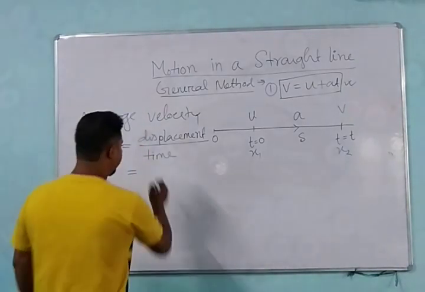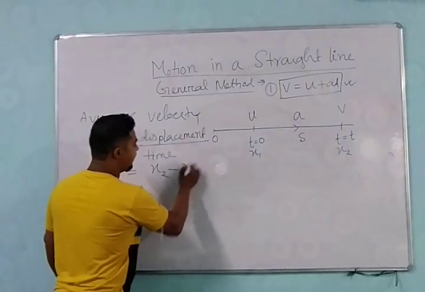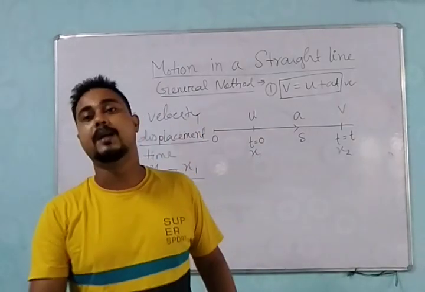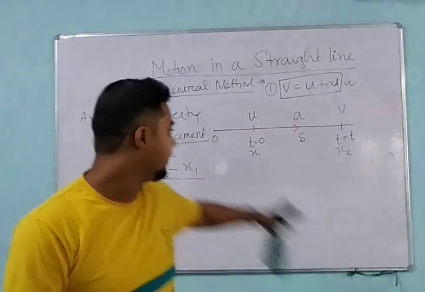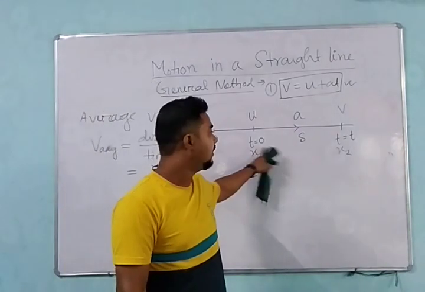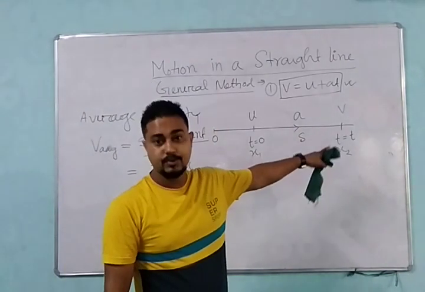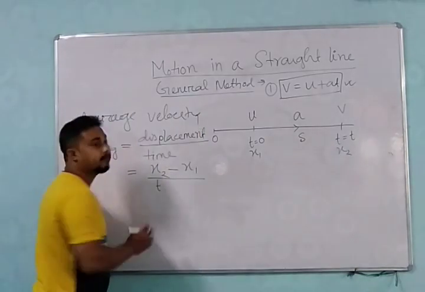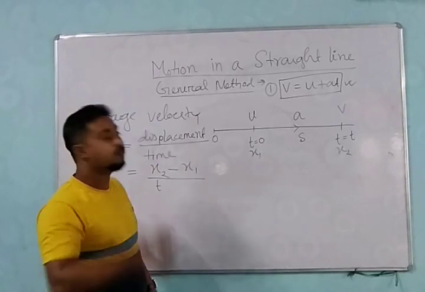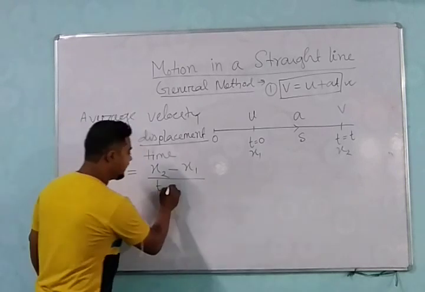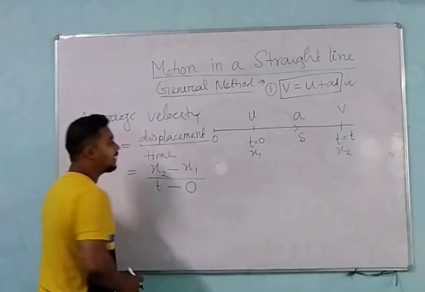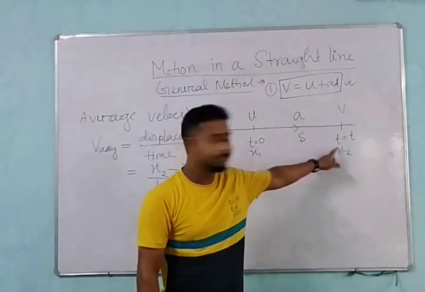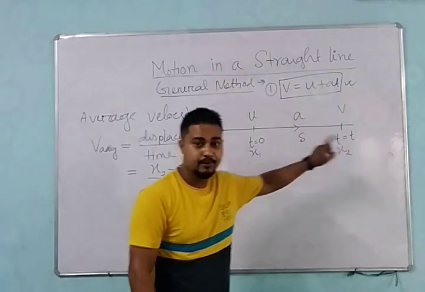So we can write here x2 minus x1, and for this process the time taken is equal to how much? It was t is equal to 0 to t is equal to t. Means the time taken by the body for moving from x1 to x2 is t minus 0, or also we can write it as t2 minus t1.